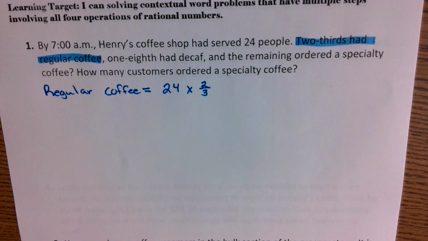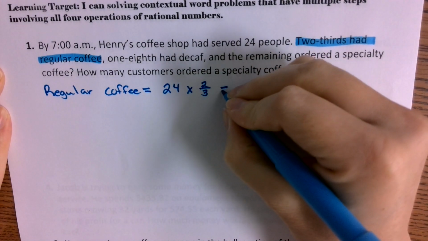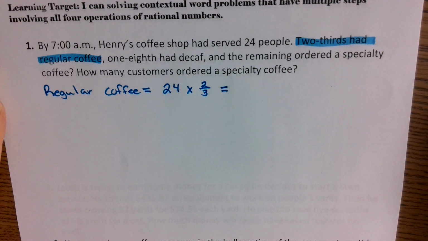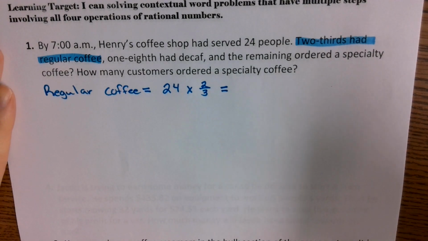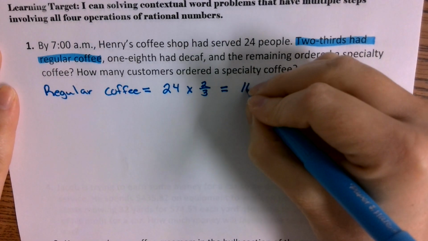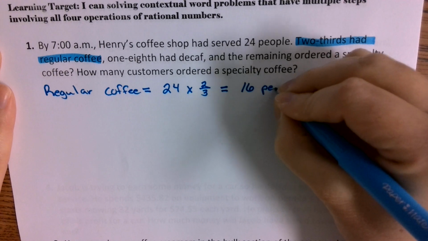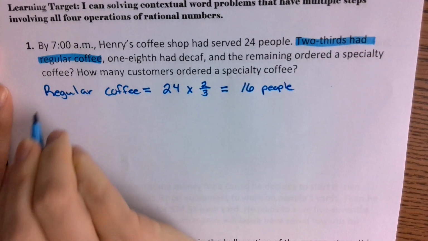So if I do 24 times 2/3, what is that going to come out to, guys? Aisha? 16. So there are 16 people that had regular coffee.